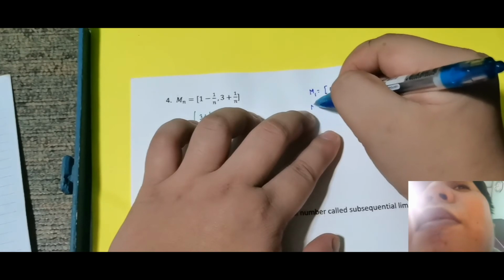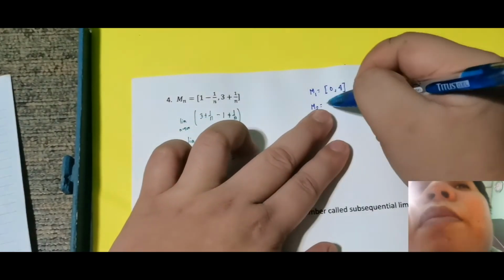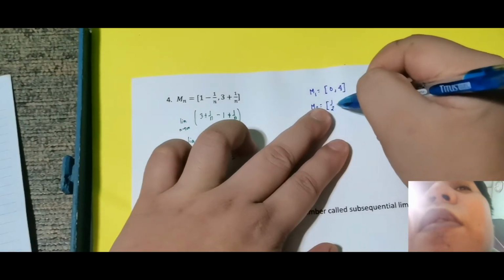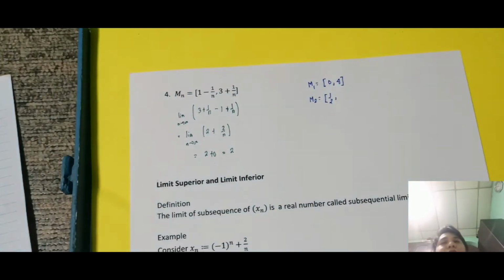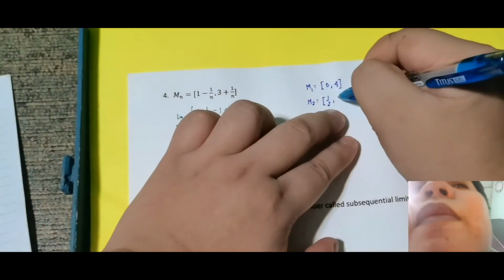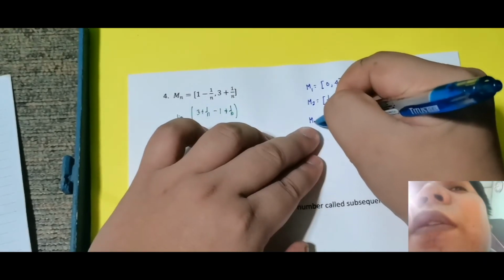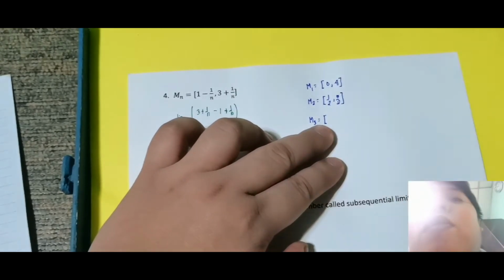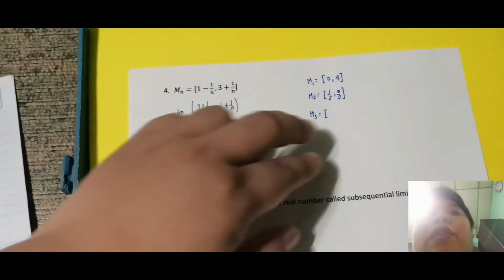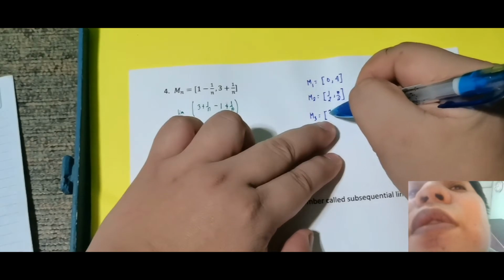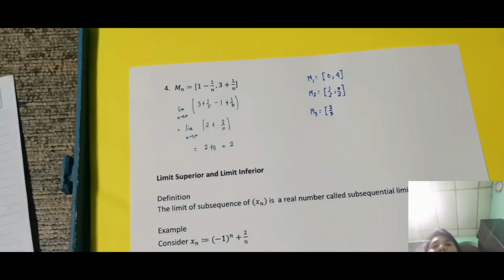For M sub 2, that is 1 minus 1 half, that is 1 half, and 3 plus 1 half, that is 5 over 2. Next, for M sub 3, that is 1 minus 1 third, that is 2 thirds.